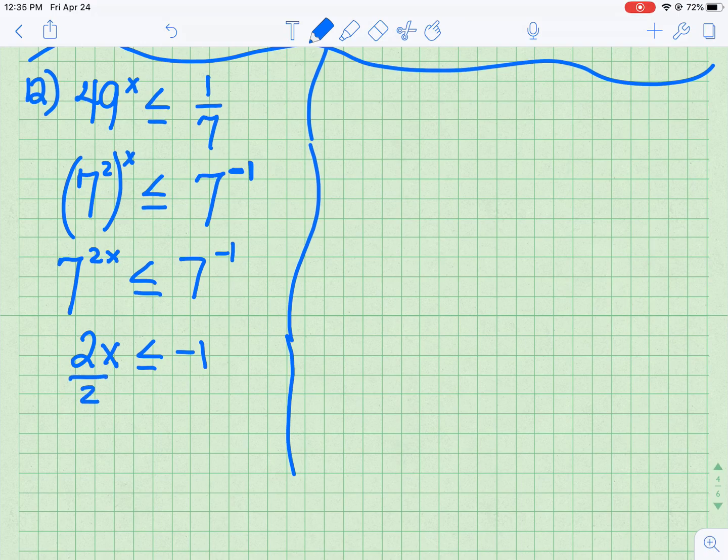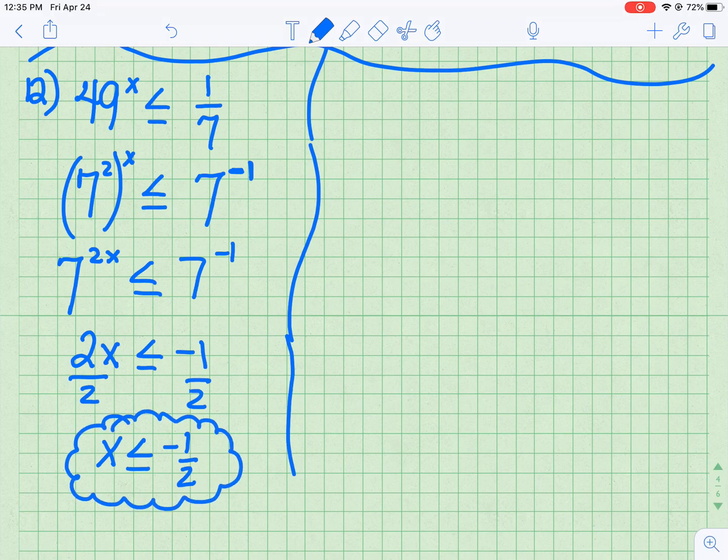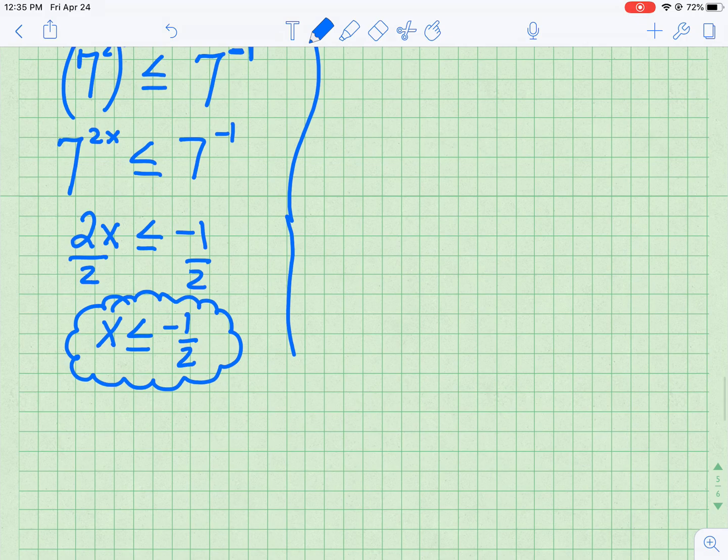Then we divide both sides by 2, and our final solution is x is less than or equal to negative 1/2. Are you okay with that one?